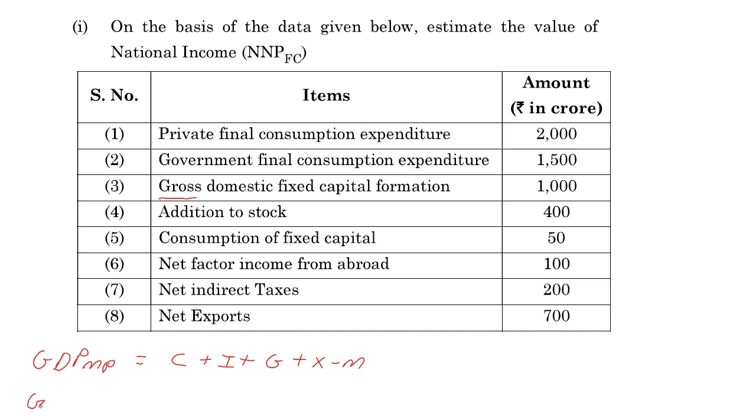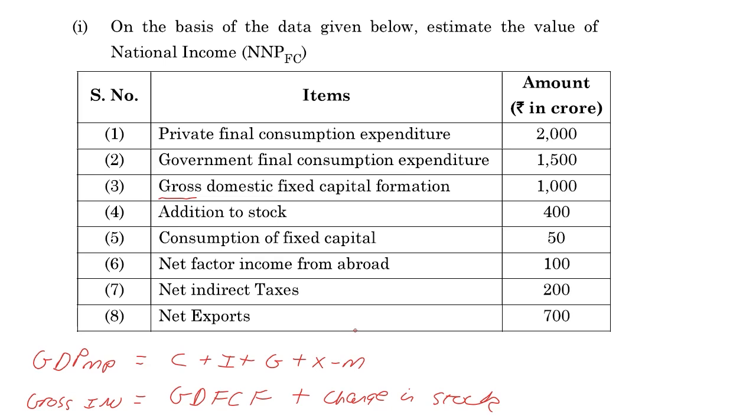Gross investment is going to be equal to gross domestic fixed capital formation plus addition in stock, or what we call change in stock. And we don't have any other data for gross investment. So that's all we need, and solving this much is going to give us GDPMP.